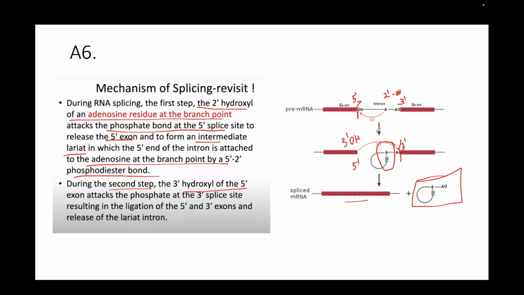Because in the splicing mechanism, the phosphodiester bond is broken at one point and then re-established at another point. So basically it is a transfer of the phosphodiester bond, which is called a transesterification reaction.